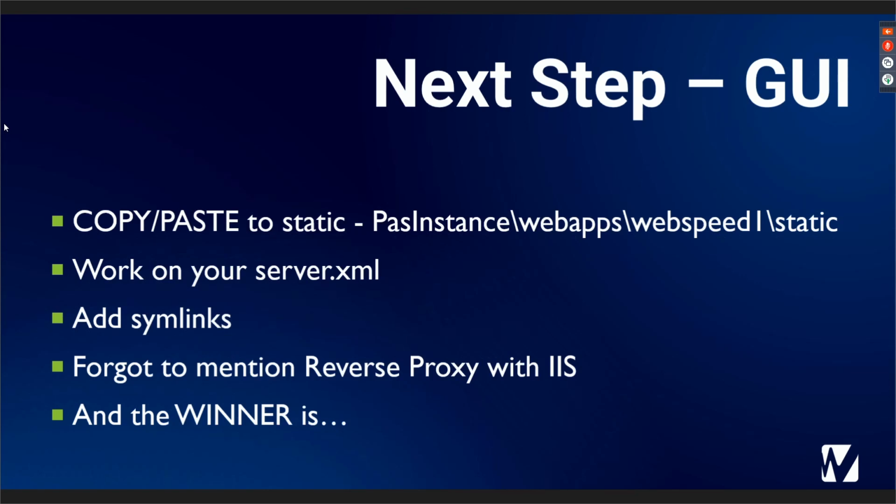I mentioned three options first, but I forgot to mention that there was a fourth one that someone used. I remember these three because I wrote them in Confluence. The fourth one was a reverse proxy with IIS.